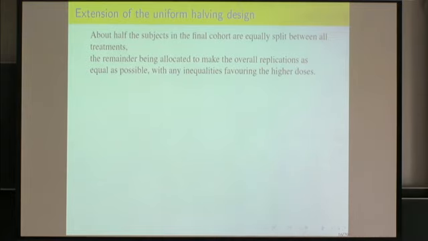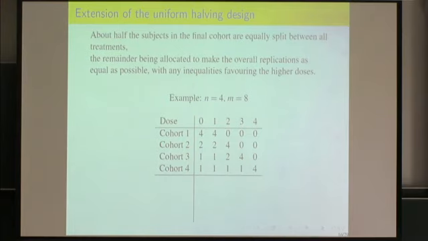So I'll show you how this works. This was the example I gave you before. How are we going to fill up the extra cohort? About half should be equally spread over all doses. So if I put 1, 1, 1, 1, 1, 5 is about half 8, and that's equally spread. Okay? Now what we've got to do is make up the overall replication.